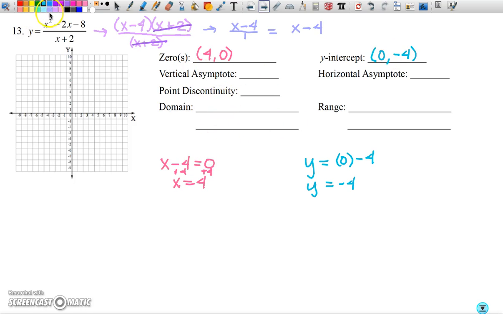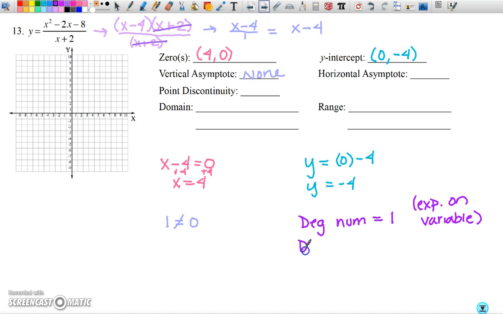Our vertical asymptote, so we take our denominator and set it equal to 0. So for vertical asymptote, our denominator is 1, and 1 does not equal 0. That doesn't make any sense, so there isn't one. Horizontal asymptote has to do with our degrees in the numerator and our denominator. And so the degree of our numerator is equal to 1. Remember, that's your exponent on the variable, okay?